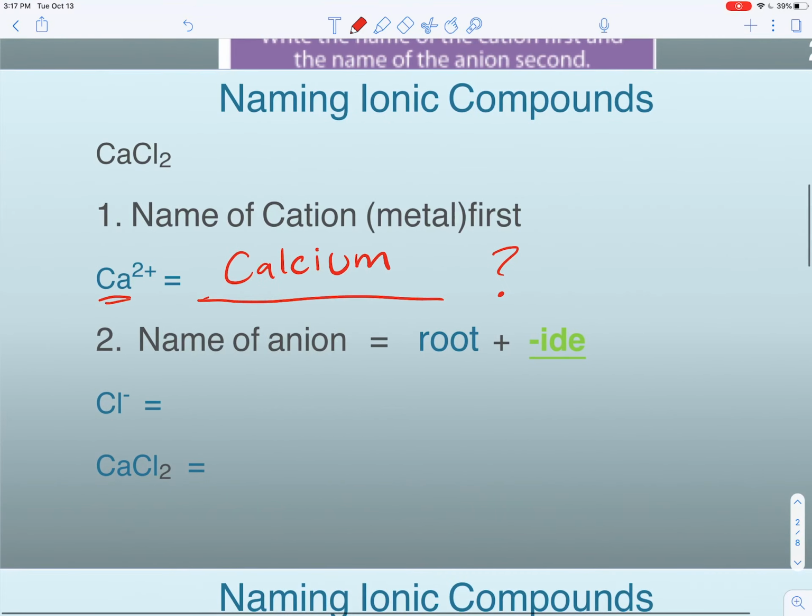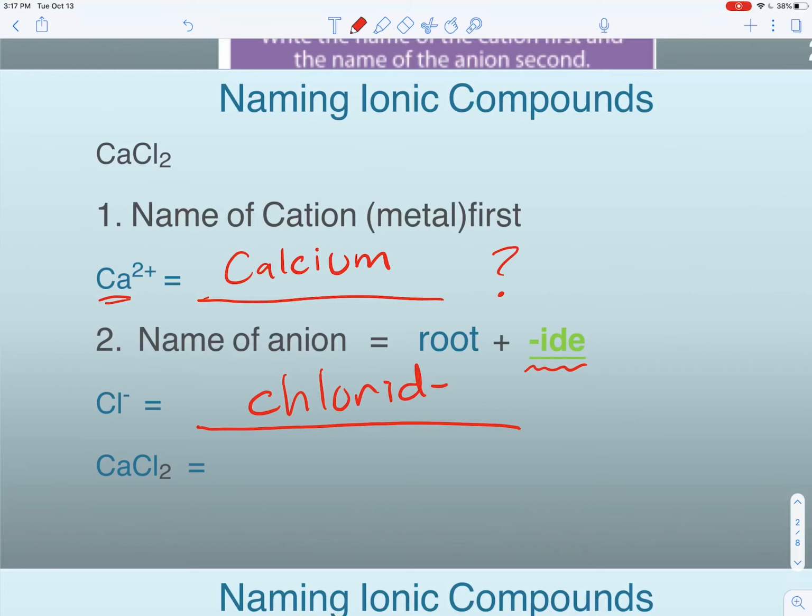The next part is we take the anion and we change that to an IDE ending. Okay, so the anion is the negative part. So calcium is the positive part. So chlorine is going to become chloride. Notice that IDE ending.